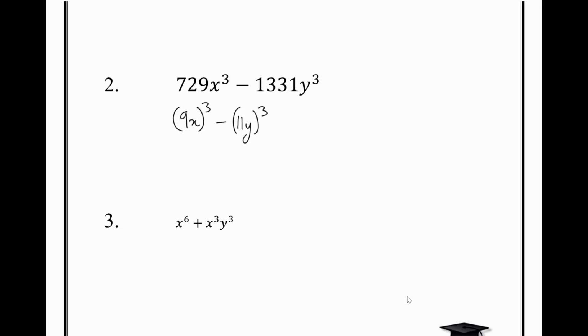So similar to the first part, we have the base, which is 9x, minus the second part, which is 11y, bracket, and then bracket again, the first part squared, which is 81x squared, plus the multiplication of the first and second parts, which is 9x times 11y. This gives us minus 99xy, and then plus the second base squared, which gives us 121y squared.